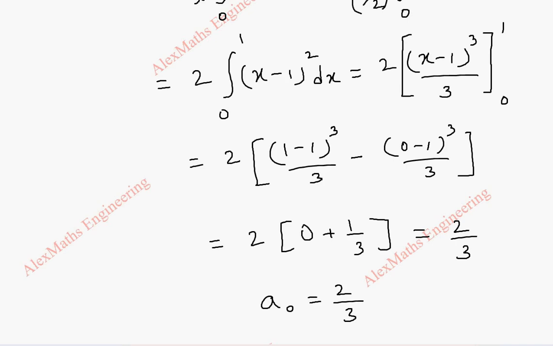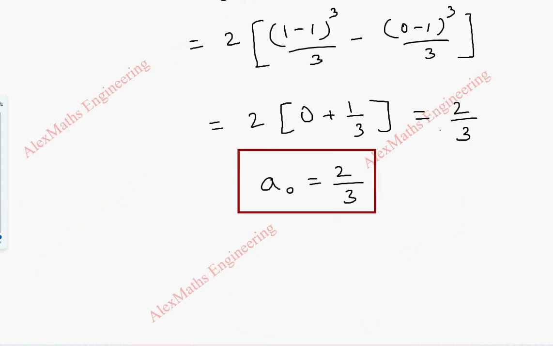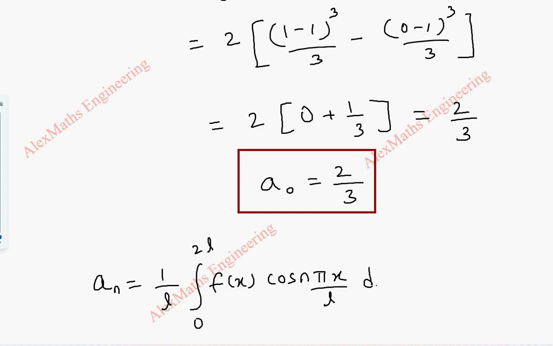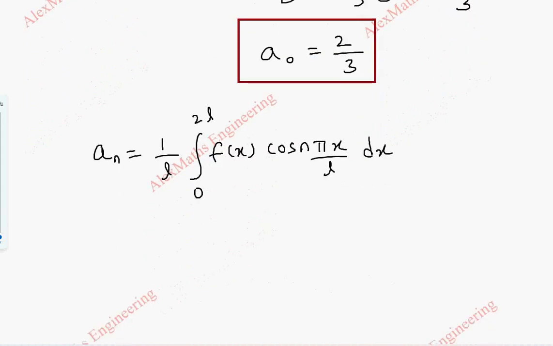Now we continue to work out an. An by formula, it is 1 by L integral 0 to 2L f of x into cos n pi x by L dx.